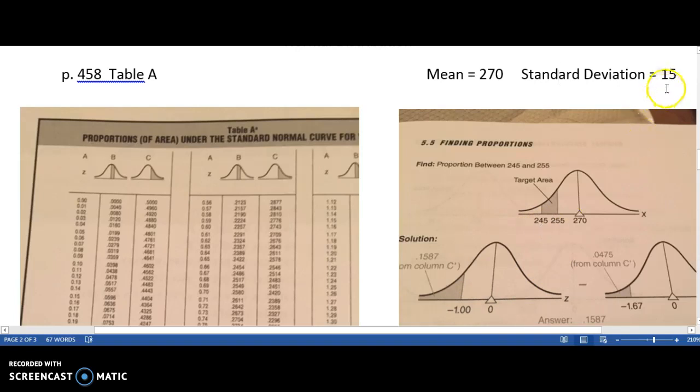It's not as much as 2 standard deviations, but it's close. And if you subtract the two, 245 minus 270, and then divide by the standard deviation of 15, we get negative 1.67.